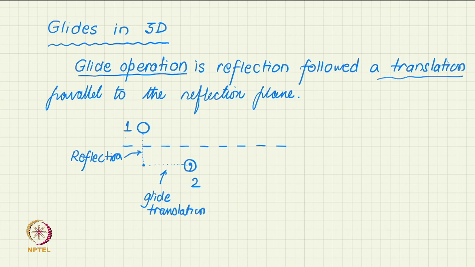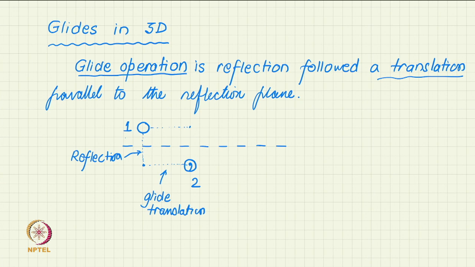So, combination of this operation is a glide operation. You can see that if I just reflect, there is no object there. So, the reflection part is not a symmetry operation. Similarly, if I just translate by this amount, again there is no object there. So, the translation is also not a symmetry operation. It is only the combination of reflection and glide translation which is a symmetry operation.